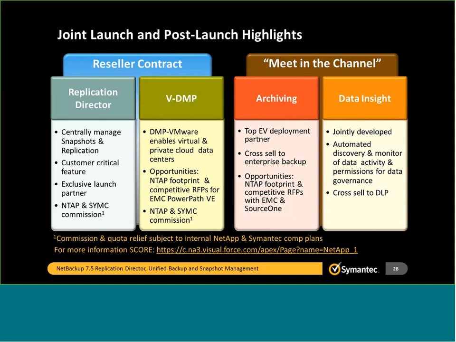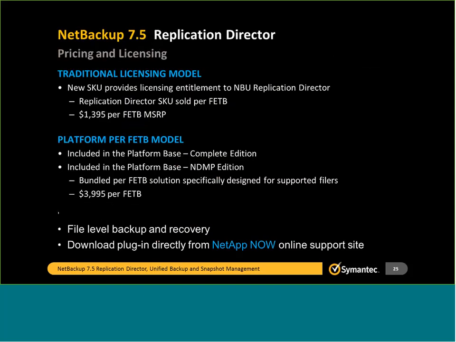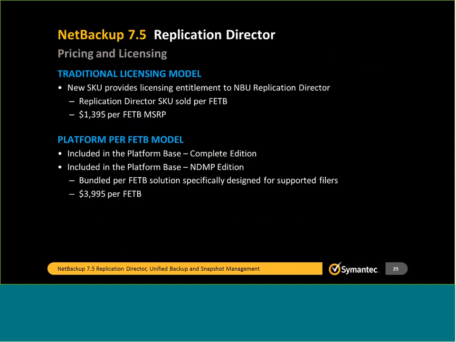If that was a little confusing, I'm going to go back a couple of slides. If you take a look at this, in the capacity-based license, which is our platform per front-end terabyte model, the bottom one, both the Complete Edition and the NDMP Edition include it, bundled in.